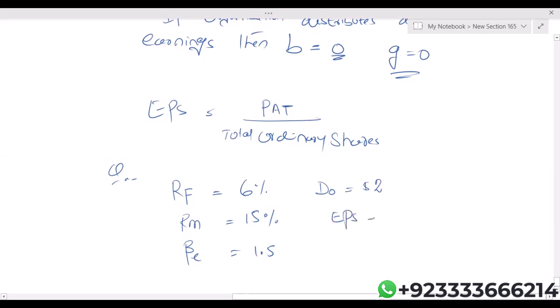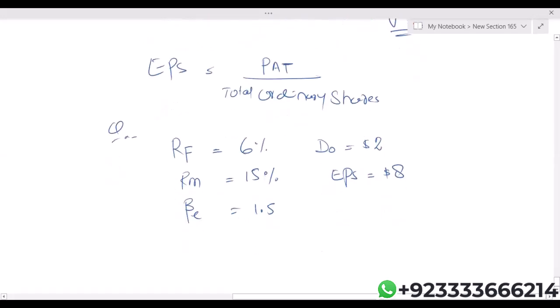Earning per share, EPS, is let's say 8. What is the question? D naught is dividend per share, earning per share is 8. The requirement is I need P naught.